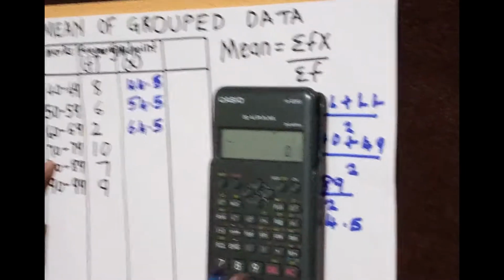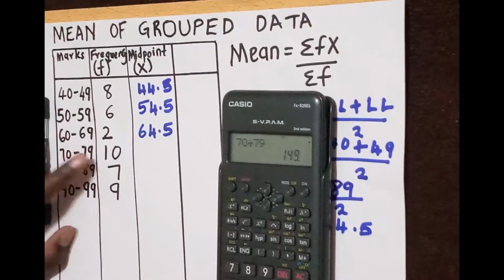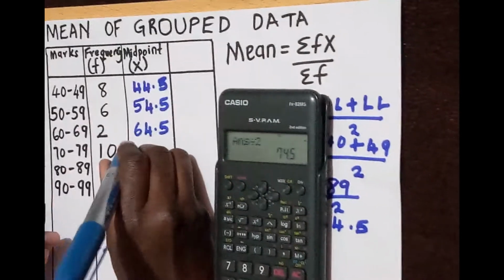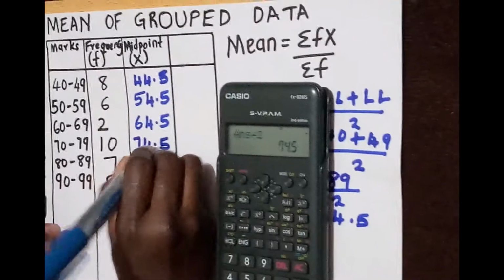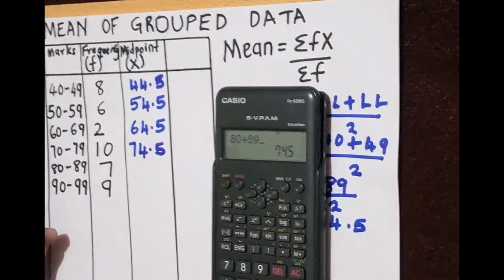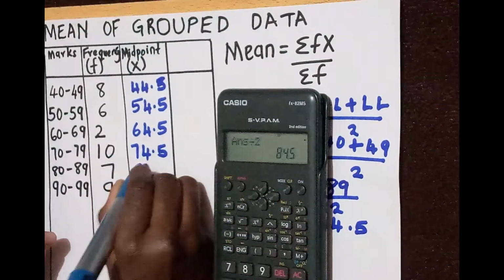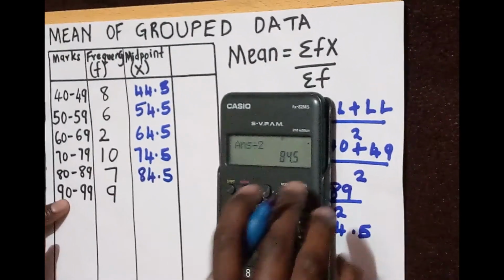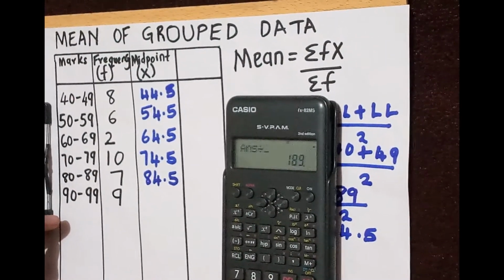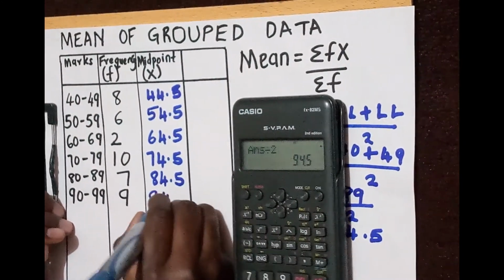Then we come 70 plus 79 is equivalent to 149 divided by 2, 74.5. 80 plus 89 divided by 2, 84.5. 90 plus 99 divided by 2, 94.5.